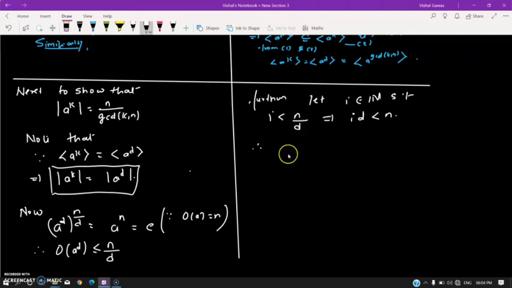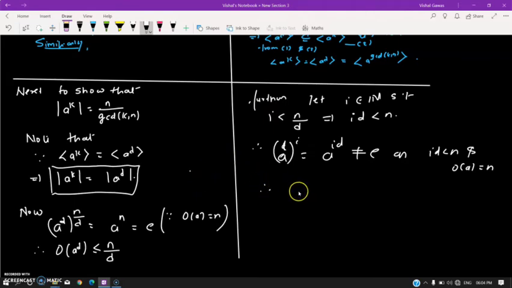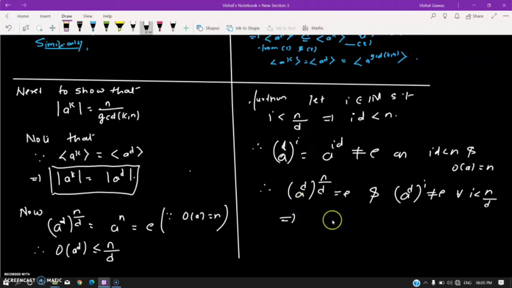So A raised to D, raised to I, would be nothing but A raised to I times D, and this can never be the identity, as I times D is strictly less than N and the order of A is N. A raised to something strictly less than N cannot be the identity, because otherwise it would contradict the fact that the order of A is N. Therefore, A raised to D, raised to N by D, is the identity, and A raised to D, raised to I, is not equal to the identity for all I less than N by D.